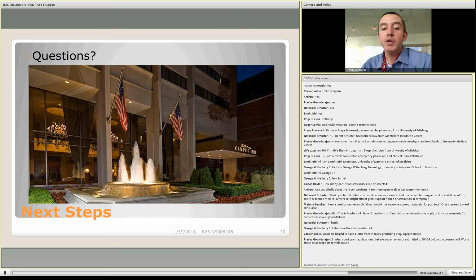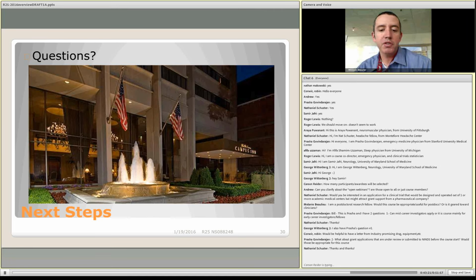Obviously, they can't guarantee that they're going to give you a grant, but to say that this is within what we typically give grants for, that would be helpful to us, even if you're pointing to a website in your application saying, these are the types of things this pharmaceutical company has funded before. We feel reasonable about this.